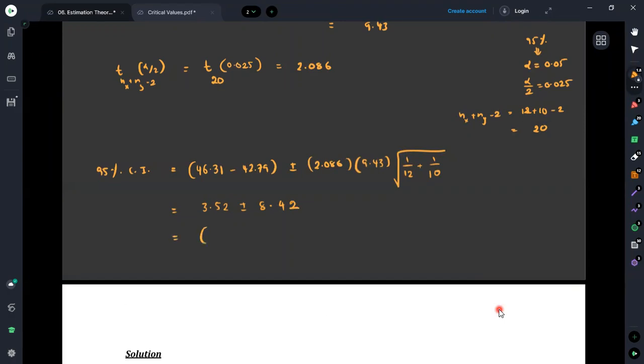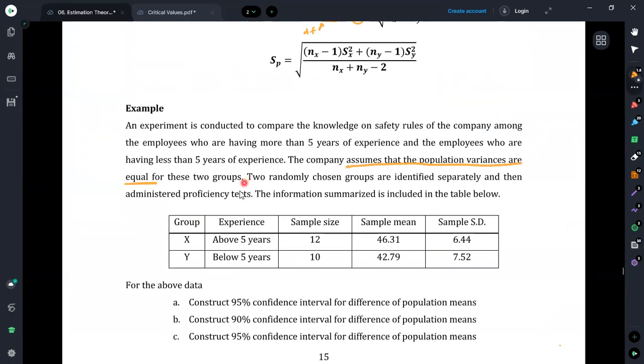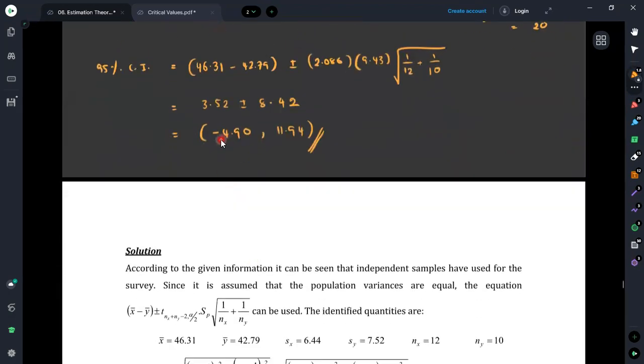Accordingly, 3.52 minus 8.42 gives minus 4.90, and if we add these two values, we get 11.94. So the 95% confidence interval for the difference of the population means, for employees with above 5 years and below 5 years working experience, is from minus 4.90 to 11.94.